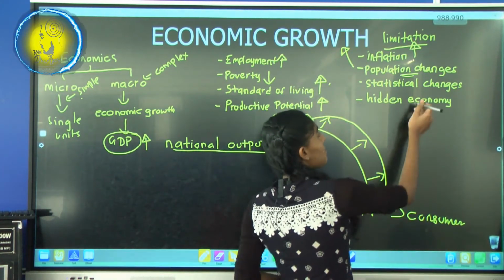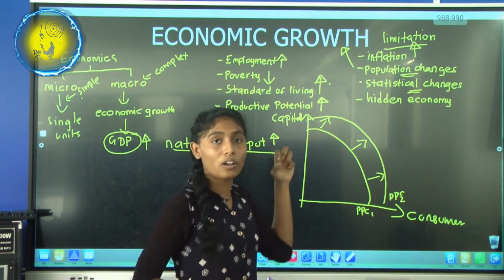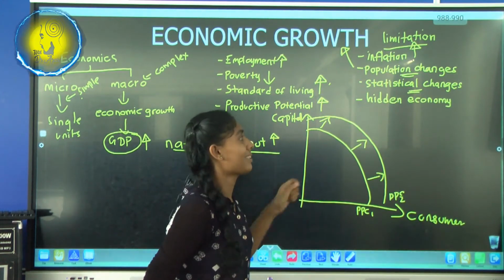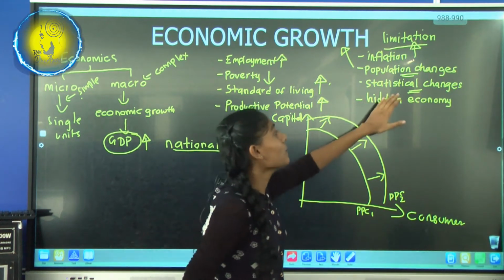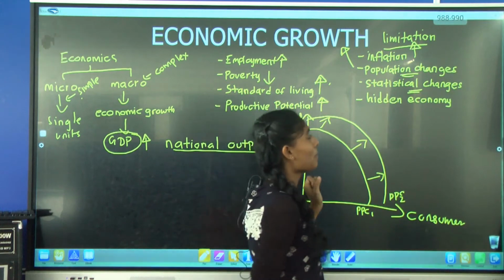Third one is statistical changes. When there are certain surveys or online surveys, people don't provide accurate information. There can be inaccuracy in the information that we obtain. So that will be manipulating the economic growth calculations within the central bank.